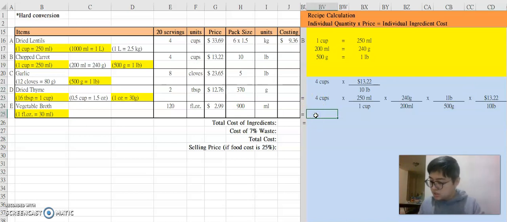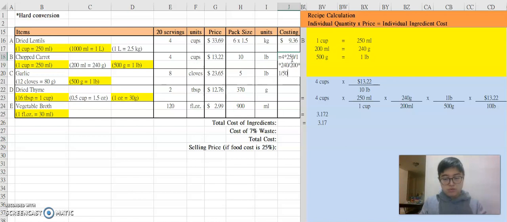After calculation, this one is 3.172, and this is 3.17 after 2 decimal places. The equation is 4 times 250 divided by 1 times 240 divided by 200 times 1 divided by 500 times 13.22 divided by 10. This is the answer. That's the same.